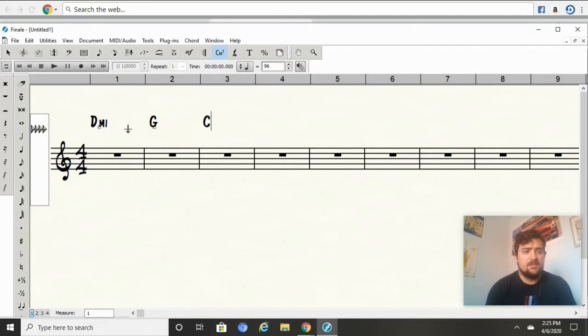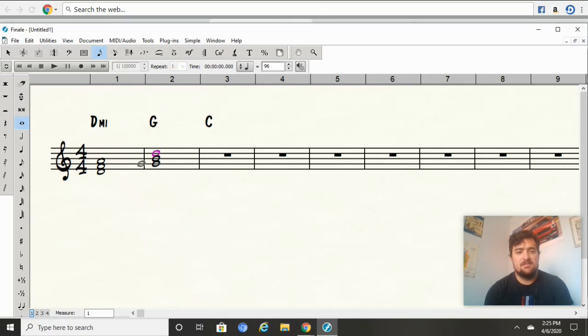So let's fill in our notes, whole notes. We start on D minor. Where's our root? Our root's going to be down here, D. Then F natural, right? Because it's a D minor, and then A. Now let's fill in our G. Start on G, go up to B natural, go up to D. There it is.